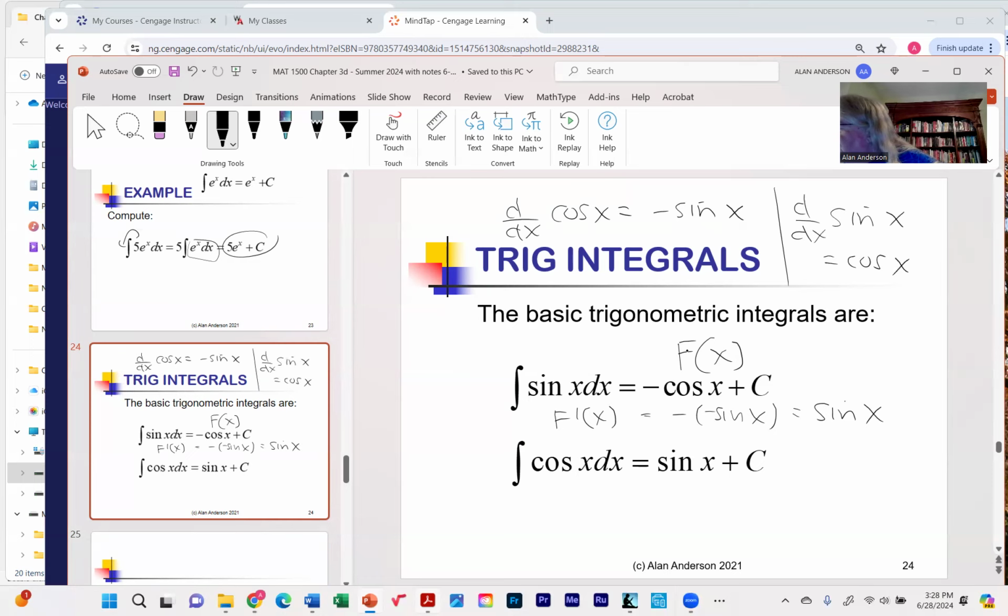And so if I do the same thing here, capital F prime of x is the cosine of x. And this, of course, the c's always drop out. And that's how we know that these are correct. After a while, you'll have these practically memorized, but it's nice to know that you can go back and double check and make sure these are actually correct.